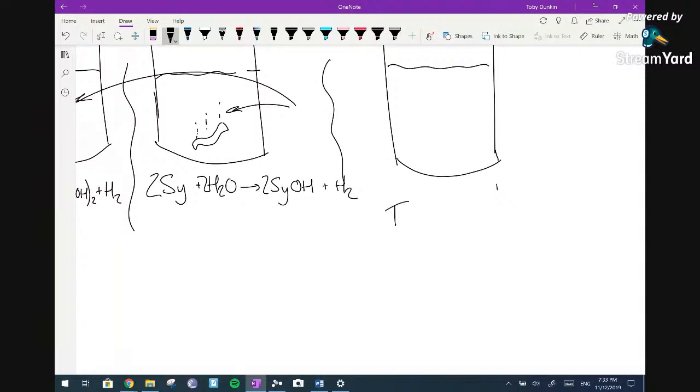So TF, tifonium plus H2O goes to tifonium hydroxide plus hydrogen. Let's balance it.